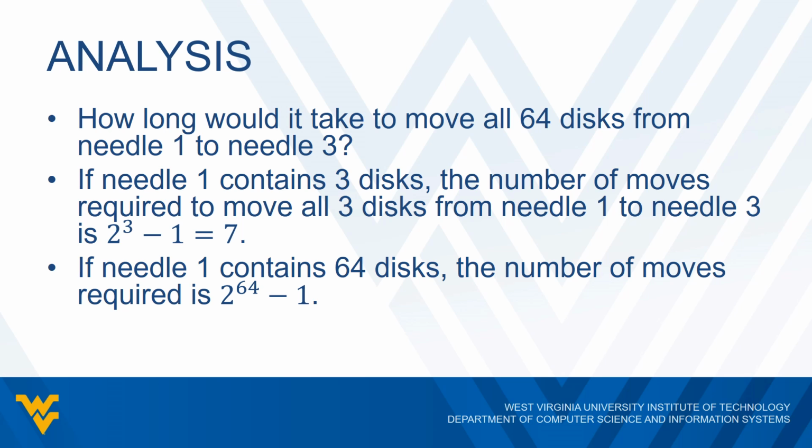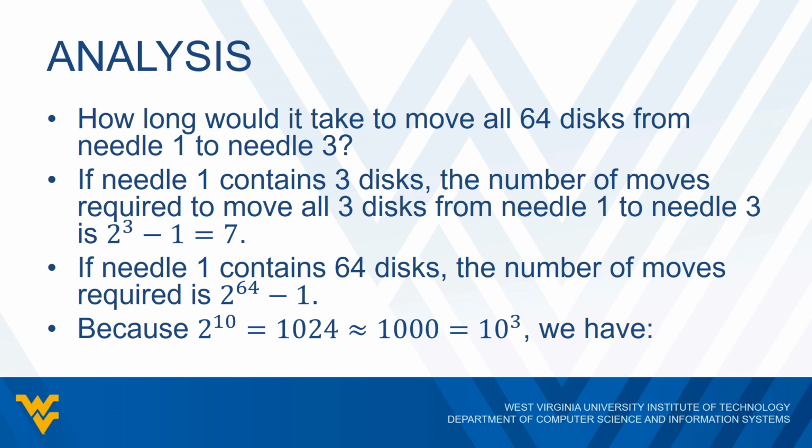Well, we're going to do a little estimation. So we know that 2 power 10 is 1024, and we're going to say that's pretty close to 1000, which is 10 power 3. So if we use this approximation, what we would have is that 2 power 64 is 2 power 4 times 2 power 60, and 2 power 60 is going to be 10 to the 18th power.